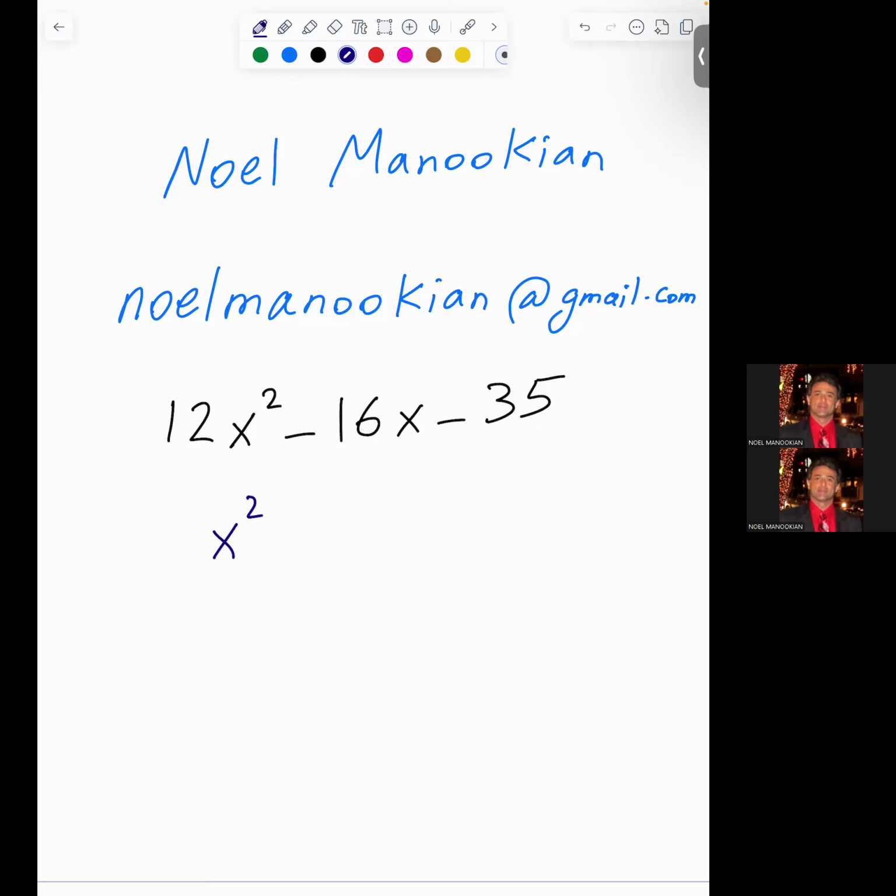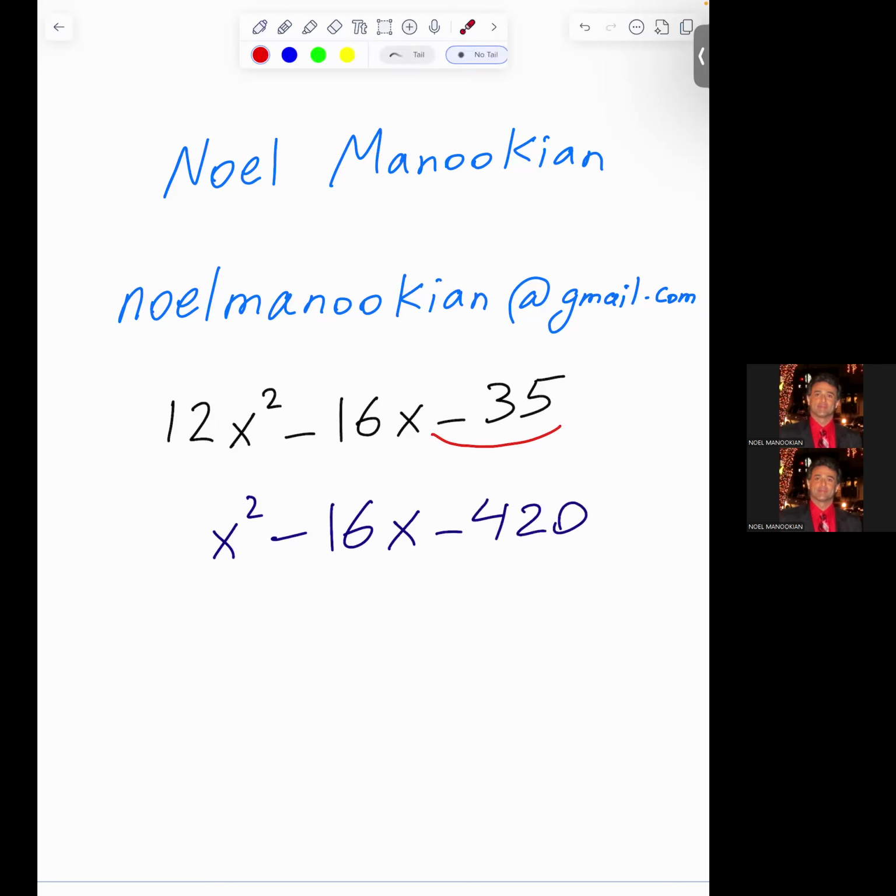So 1x squared, don't change the middle term, minus 16x. But now, instead of this negative 35, let's multiply this 12 by negative 35. So 12 times negative 35 gives you negative 420.